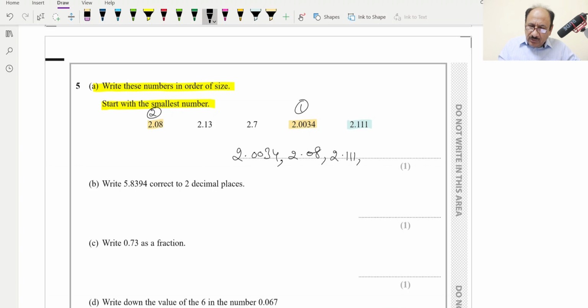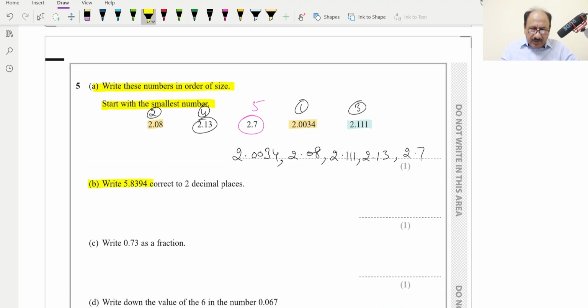This will be the third position, and the fourth one will be 2.13, and the last one will be 2.7. This will be the fifth one, the last, the highest one. So ascending order, basically starting with the smallest number.